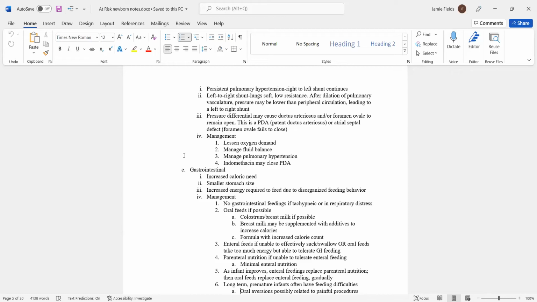So I want you to think back to the things that can happen to a premature baby's respiratory system and how that might cause a persistent right to left shunt. What about the respiratory differences might cause a persistent right to left shunt?